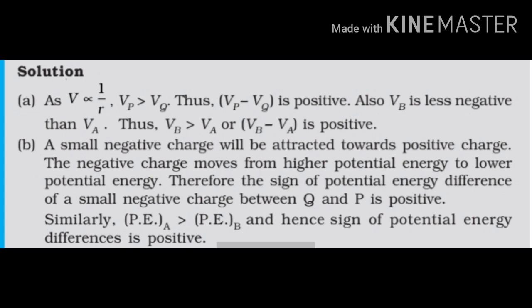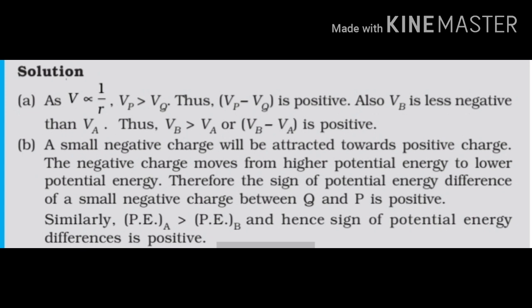So in the second question, we are going to test with a test charge. A small negative charge will be attracted towards the positive charge. In the first picture A, you are going to keep the negative charge. When it is brought near the positive charge, what will happen? It will be attracted towards it.